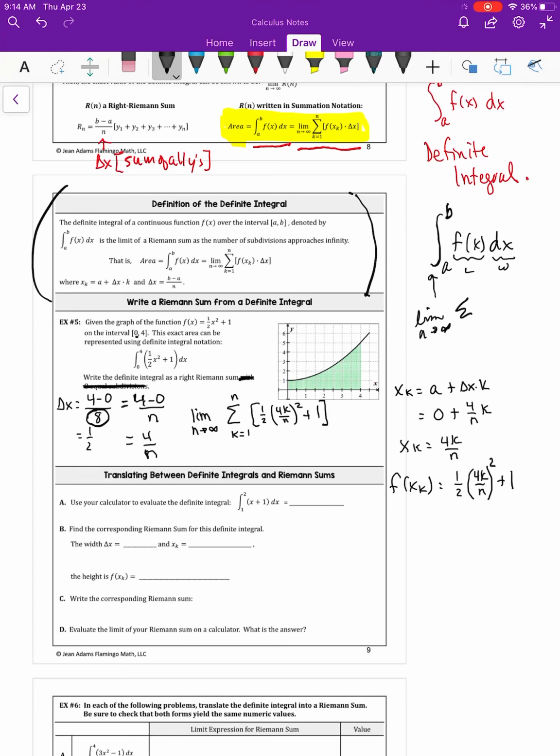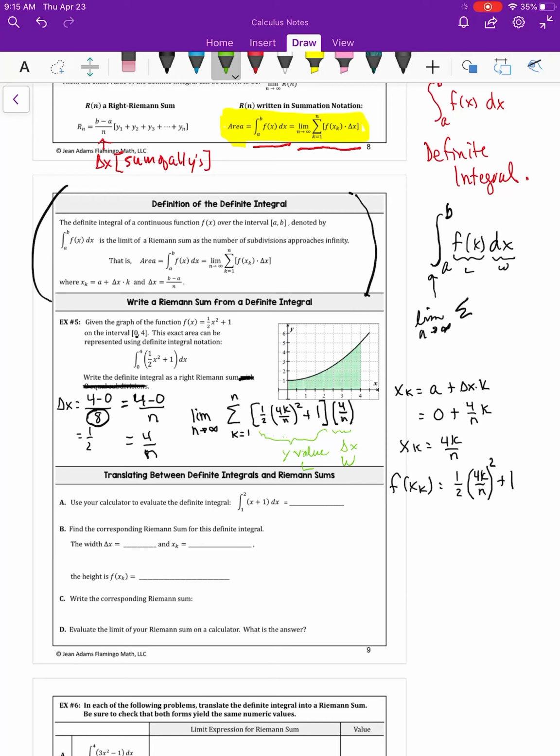So now we can write it as the limit as n goes to infinity, summation k equals 1 to n, 1/2 times 4k over n squared plus 1, and then times our 4 over n.